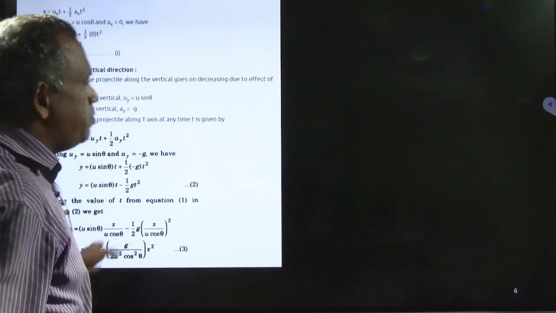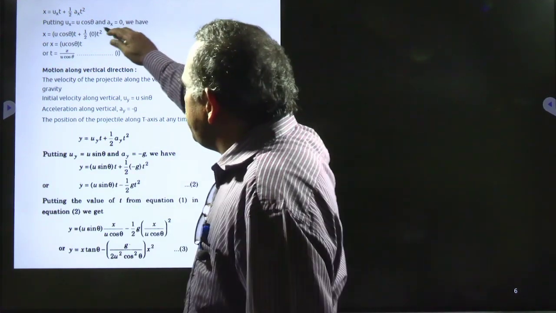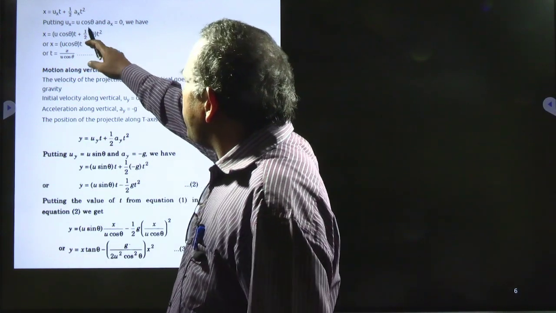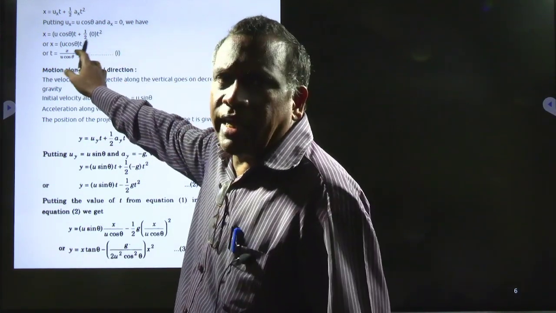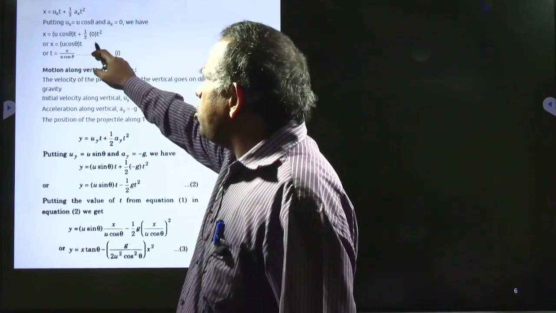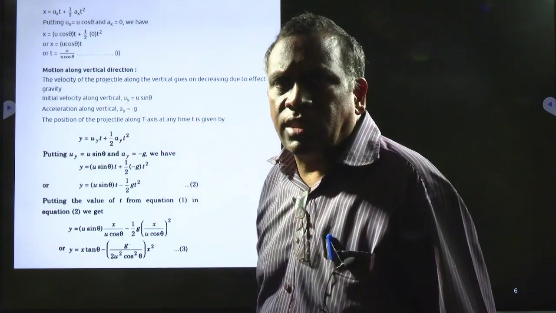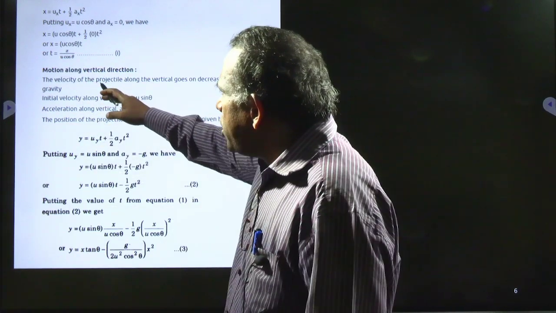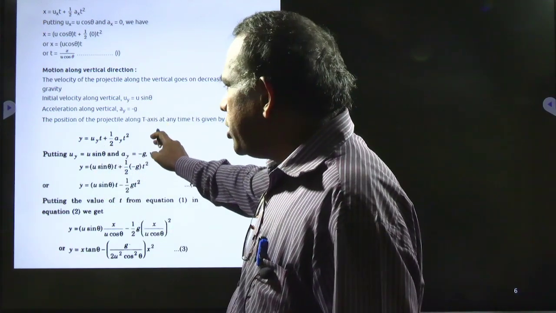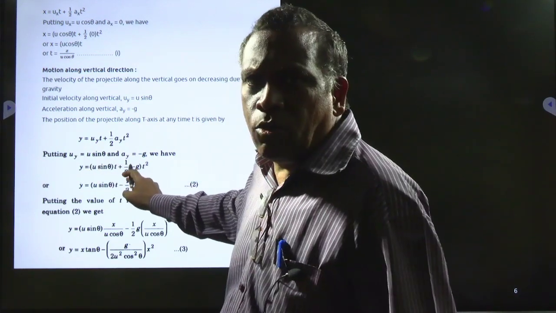If you observe the equation we just derived, x is equal to ux into t plus half ax into t square. Putting ux equal to u cos theta and acceleration ax equal to 0, x is equal to u cos theta into t plus half into 0 into t square, that is, t is equal to x by u cos theta. For the motion along the vertical direction, y is equal to uy into t plus half ay into t square, with uy equal to u sin theta and ay equal to minus g.